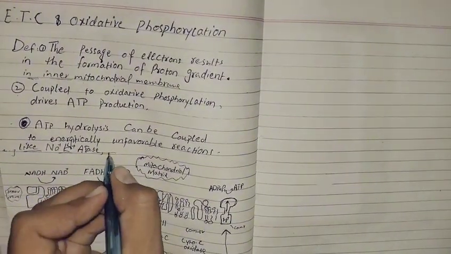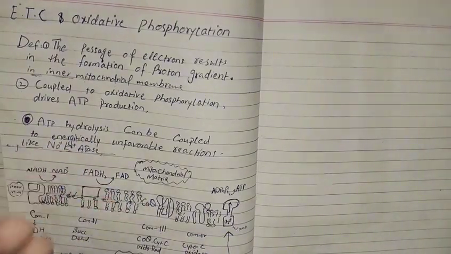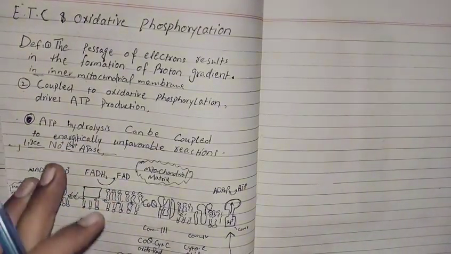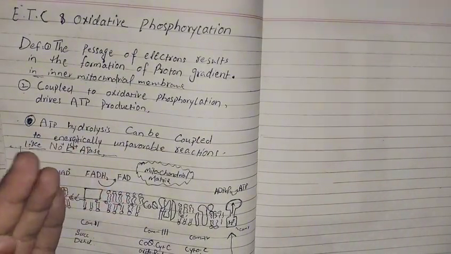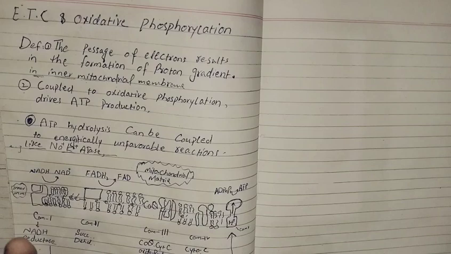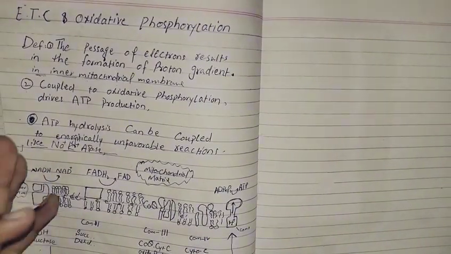The next is the binding of the ribosomes to the endoplasmic reticulum. So you can remember these two examples, which need ATP to be hydrolyzed for conversion to their active forms or to carry out their work.